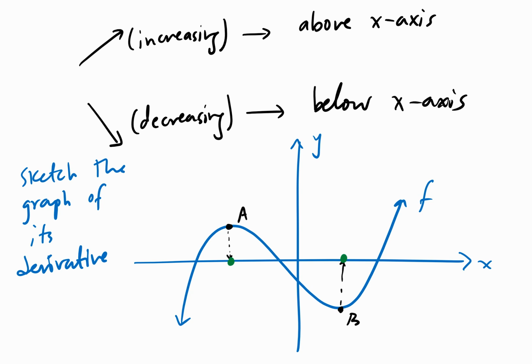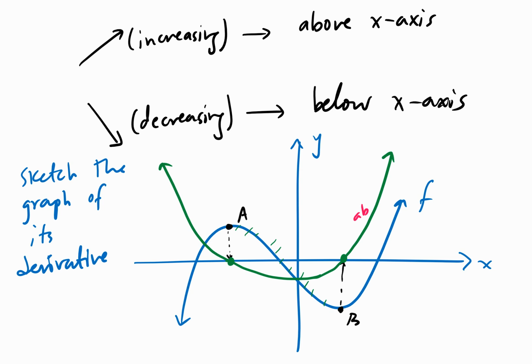If the function is increasing, then the derivative falls above the x-axis. So probably something like this. Decreasing, this is decreasing here, it's going down, so it's going to be below the x-axis. And then increasing from B on, so it's going to be above the x-axis.